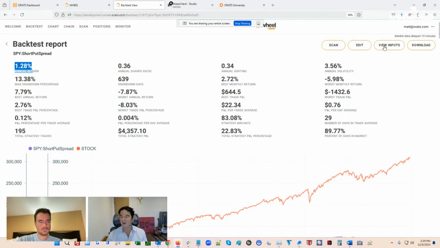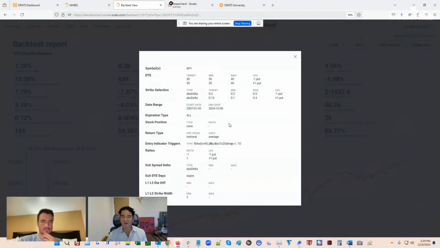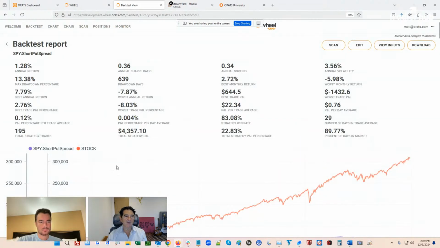So again, that's just another way that you can use these indicators in backtests and try to find which ones work the best and create a thesis. You don't just want to go curve fitting, but you want to create a thesis. For example, it looks like you want to trade this when the VIX is higher, so you get more.